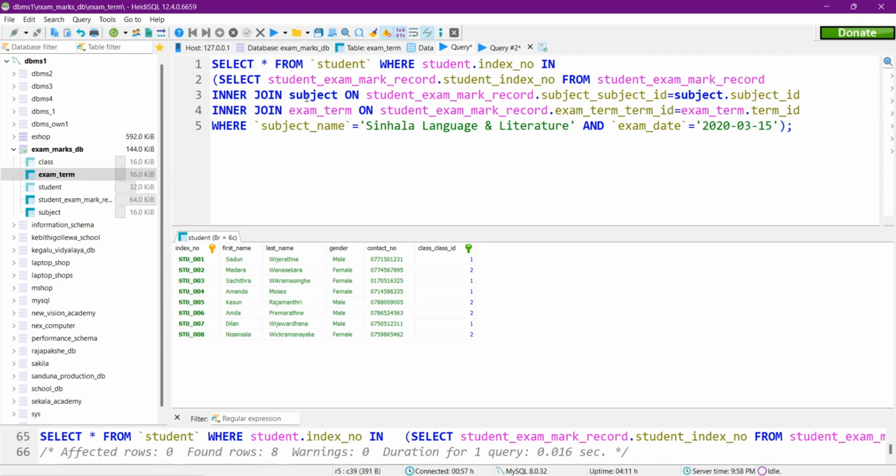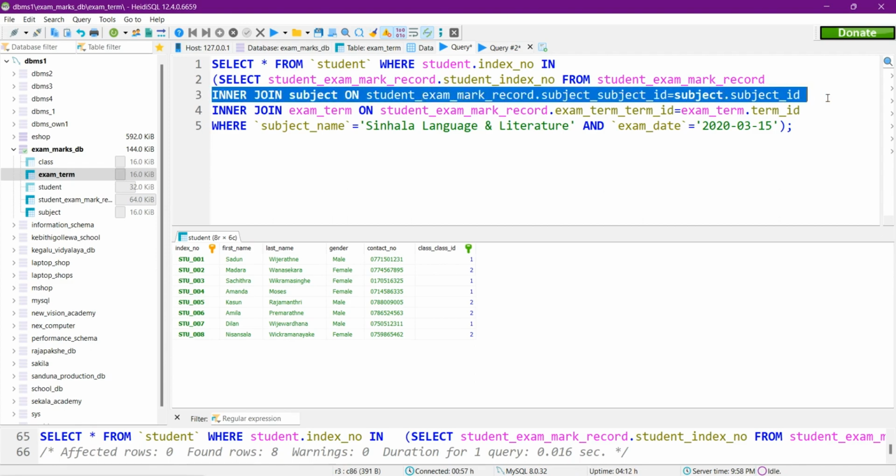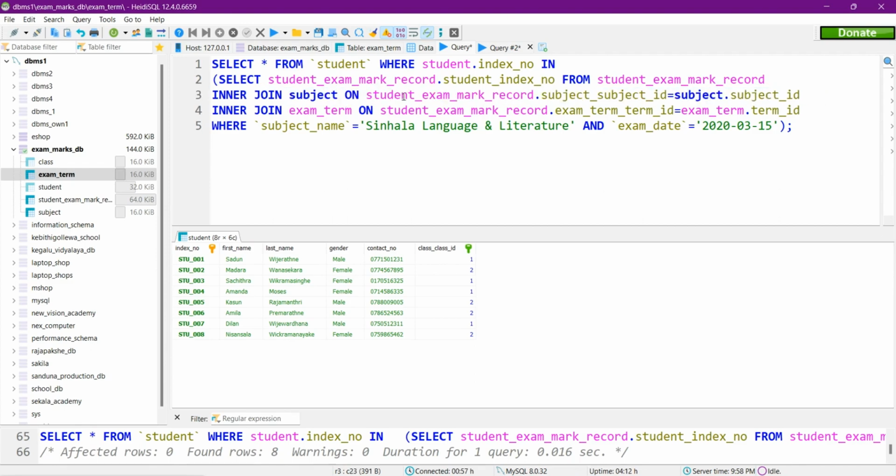The first table we have connected is the subject table. In the first inner join statement, we have told that the subject ID column in the student exam mark record table is equal to the subject ID column in the subject table. After that, we have connected the exam term table, and we have told that the exam term ID column in the student exam mark record table is equal to the term ID column in the exam term table.